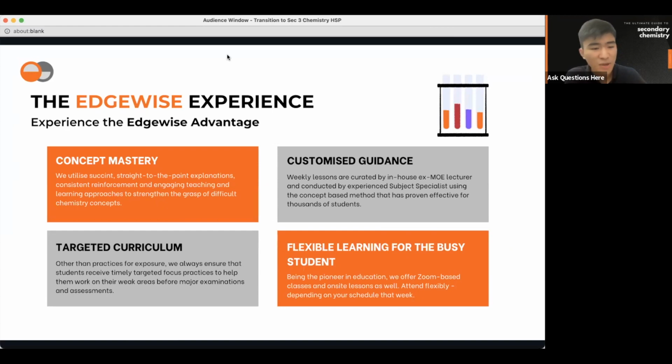But in our classes, we explain straight to the point using analogies, for example, the car park example, and guide you using the concept-based method that has been tried and tested for many, many batches of students. Our weekly lessons are curated by ex-MOE teachers, and the targeted curriculum ensures that you receive timely, focused practice before your major assessments as well.